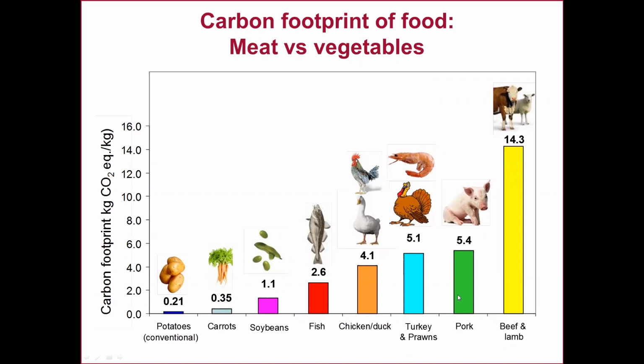Compared to pork and chicken, which do not have enteric emissions, and so have about 1/3 of the emission compared to beef and lamb.